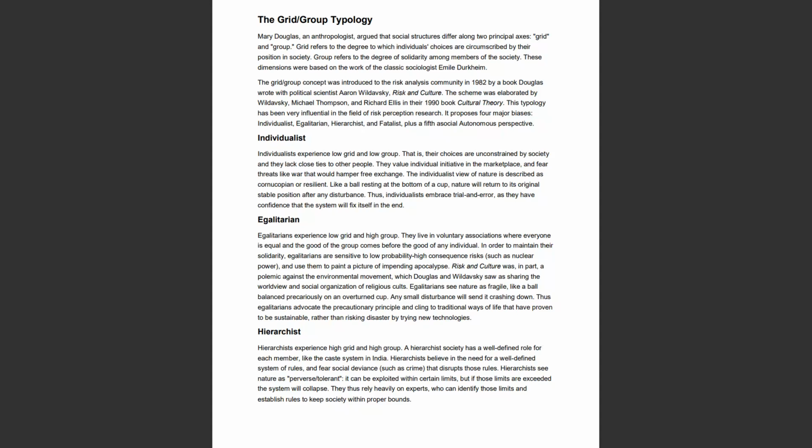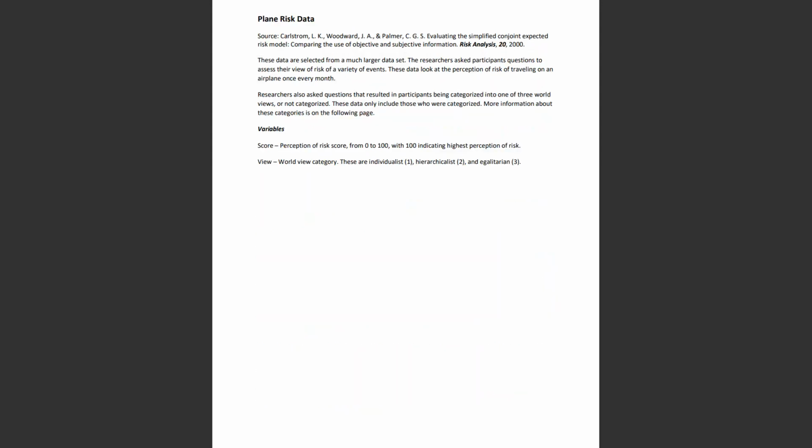I do invite you to pause and read this page thoroughly so you understand better what we're talking about here. But let's go back to the variables themselves. There's a score that's a perception of risk from 0 to 100 that individuals score themselves.